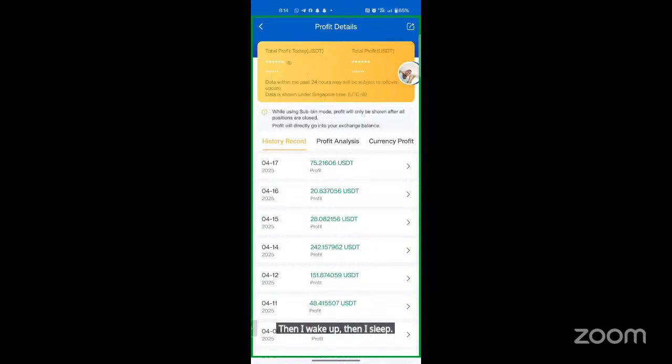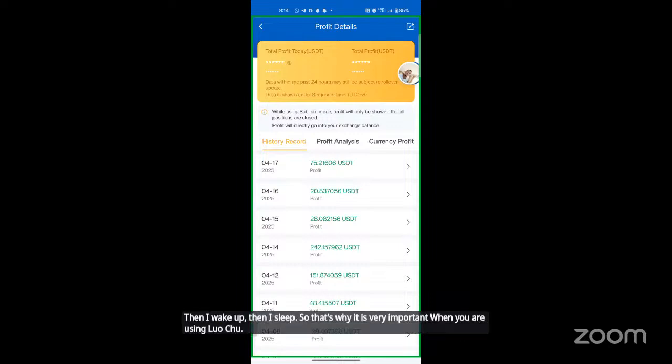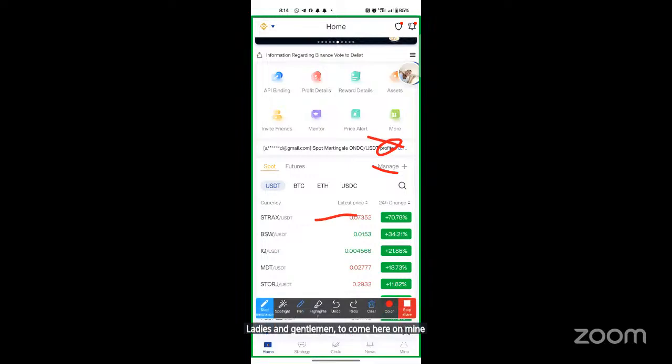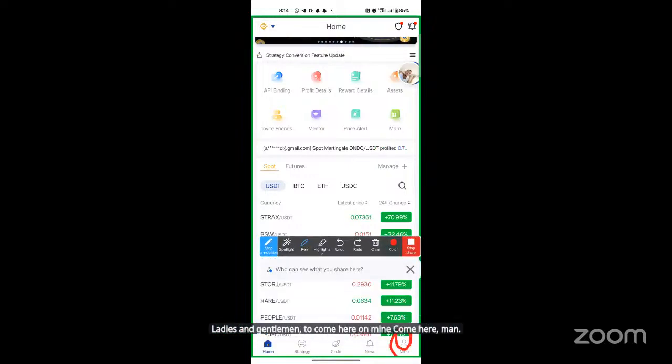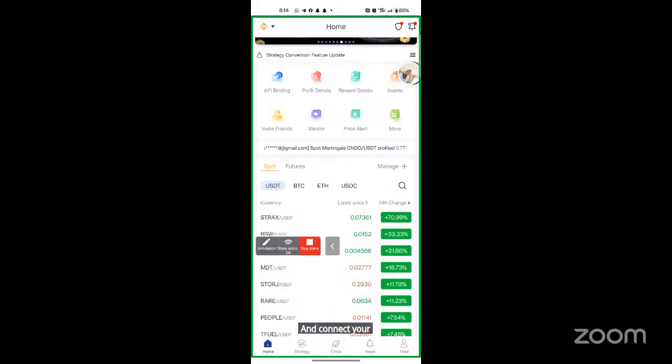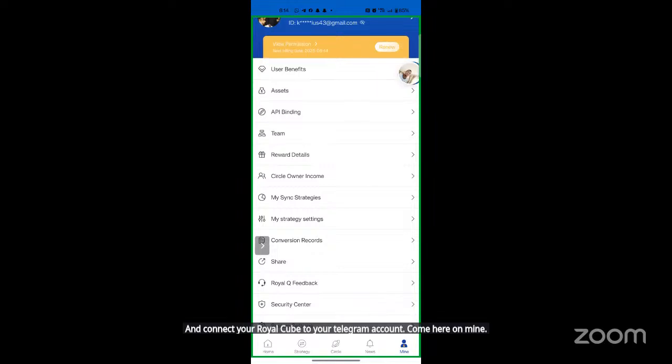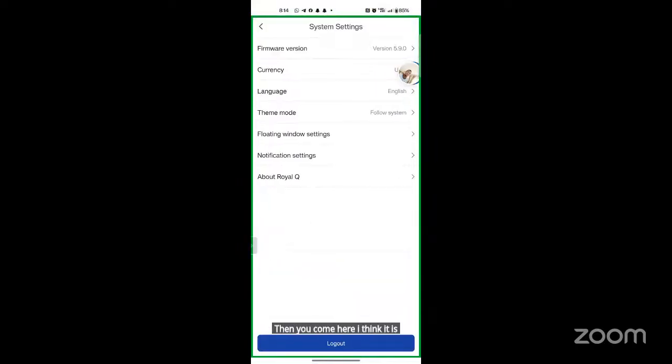So that's why it is very important when you are using Royal Q, ladies and gentlemen, to come here on mine and connect your Royal Q to your Telegram account. Then I think it is on system settings.